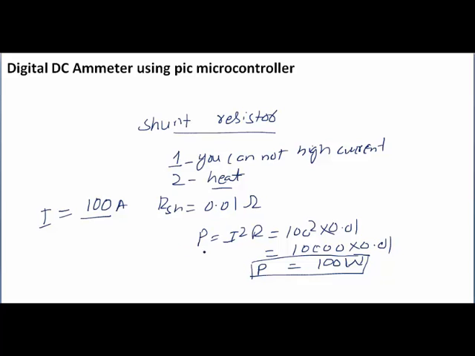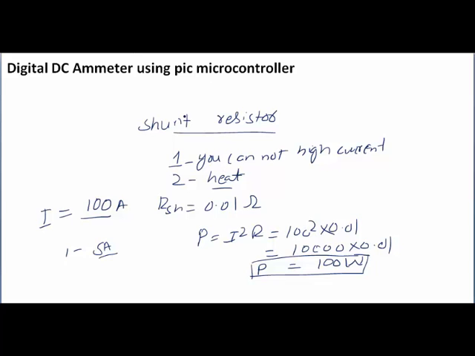Another reason we can't use a shunt resistor for high currents: it is usually recommended to use a shunt resistor for current of around 1 to 5 ampere, because if current is more than 5 ampere, it will definitely create losses in the system.